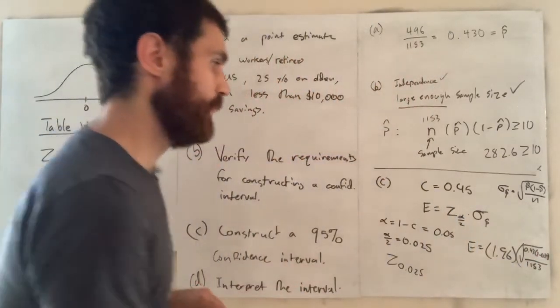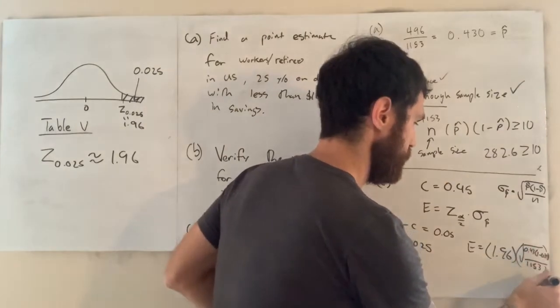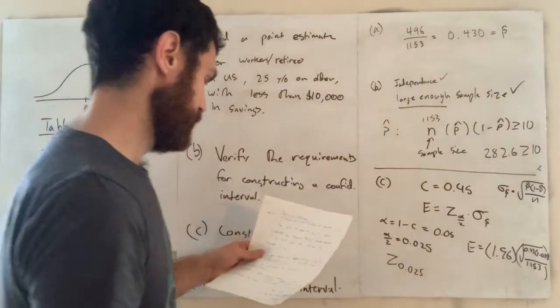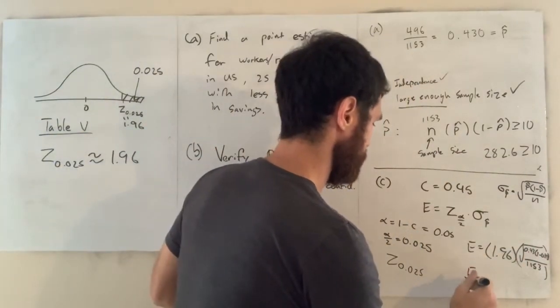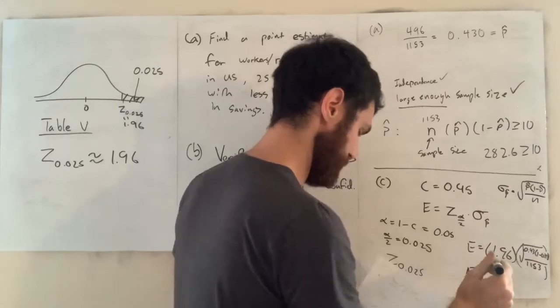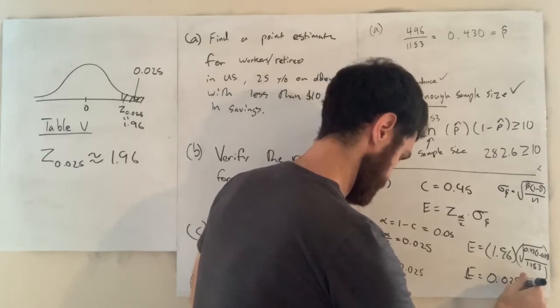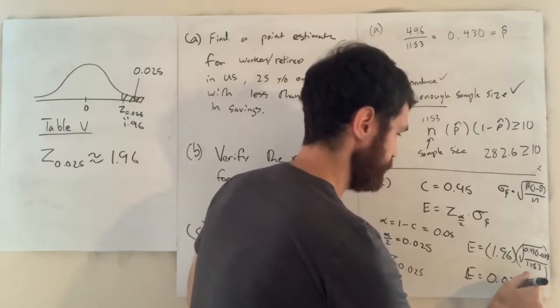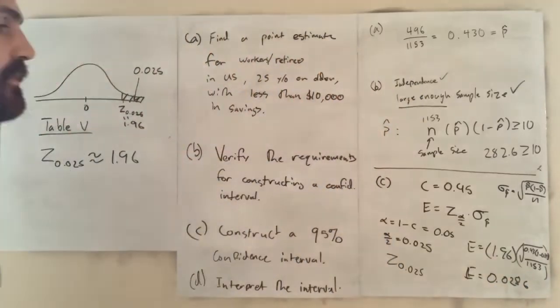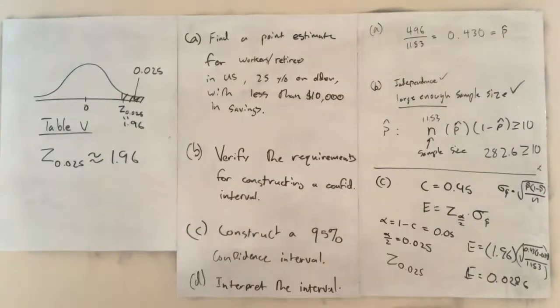And if you plug that into your calculator, as I did before this, you'll find that the error is going to be 0.0286. Okay, so what does that mean?